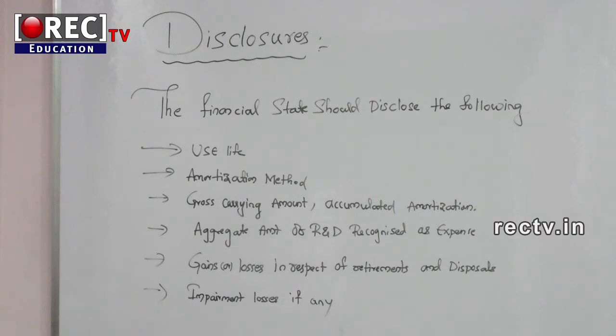And next we have learned the conditions for recognition of intangible asset. So we have two conditions, that is it is probable that the future economic benefit will be earned by the enterprise, and next is the cost should be measured reliably. And next we have seen measurement of intangible asset, and after that self generated intangible asset.